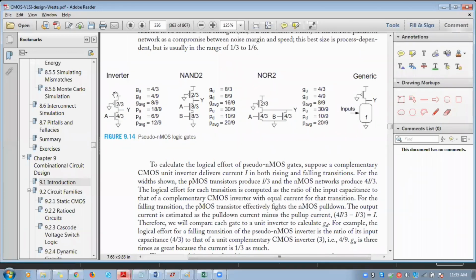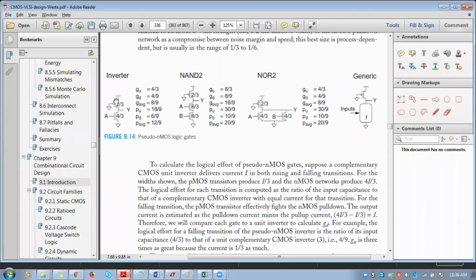So when we connect one NMOS and PMOS, the K value of NMOS will become 1 and for this it is 2, right? So 4 into 1 by 3 will become 4 by 3 and it will become 2 by 3. While comparing these two, you can see that this value is 1 by 4th of this value.